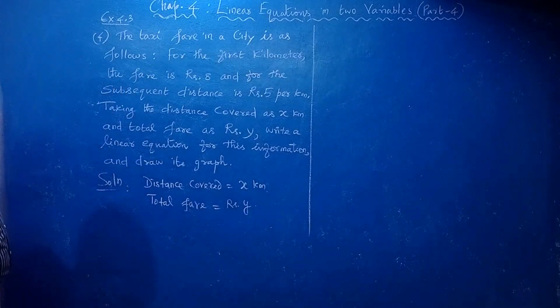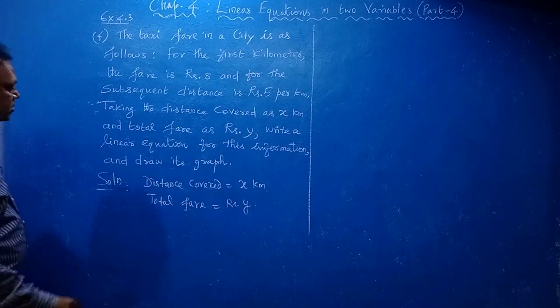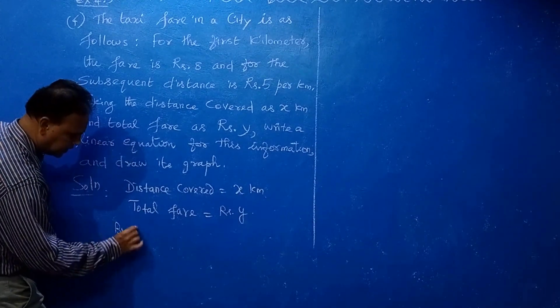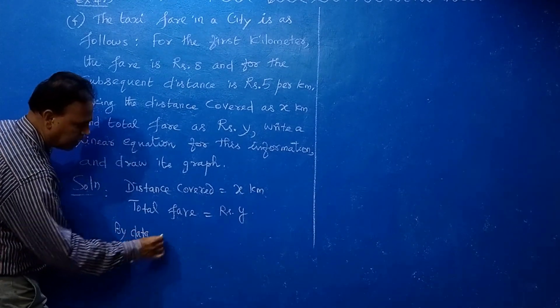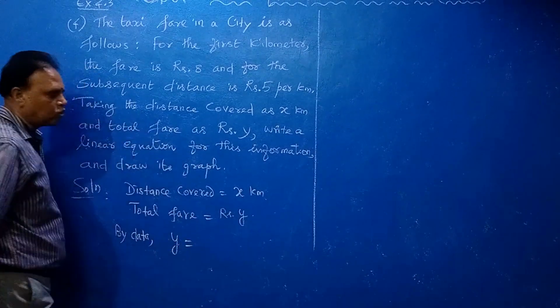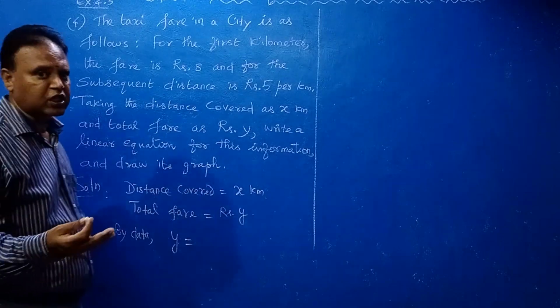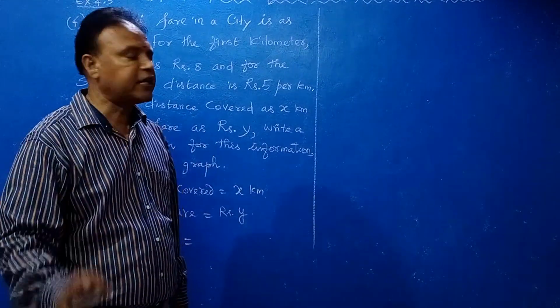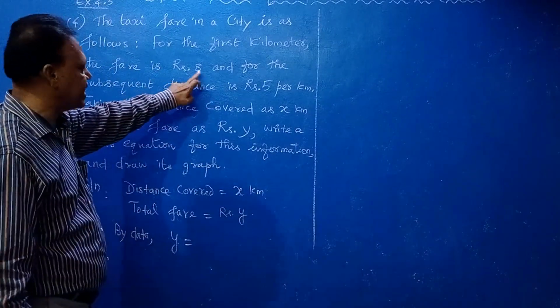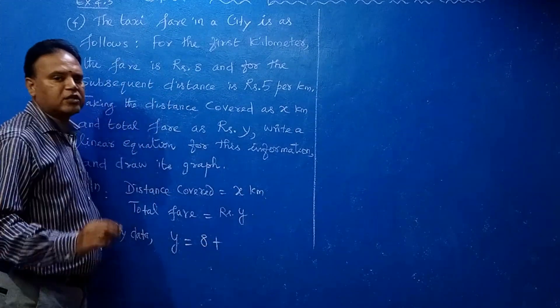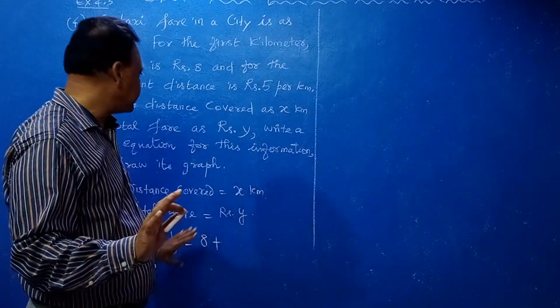So now, by the data, see the problem. The total fare you have to calculate, that is y equals... Whenever you hire a taxi, for the first kilometer they will charge rupees 8. So 8 you have to write.